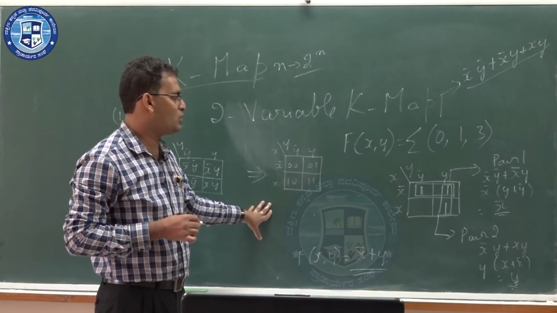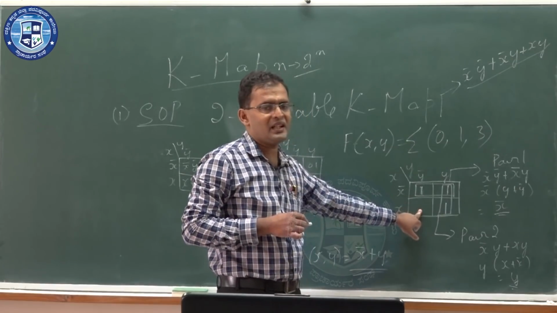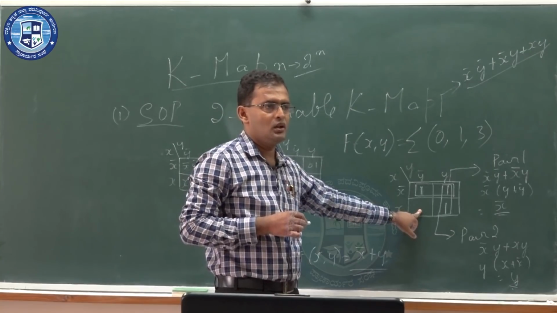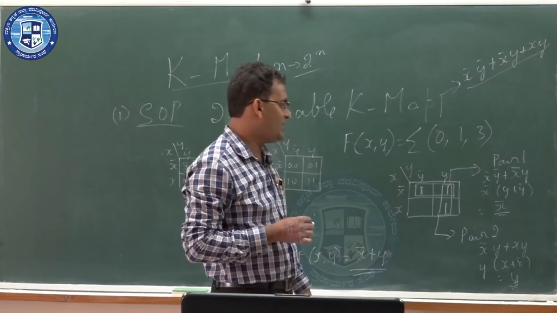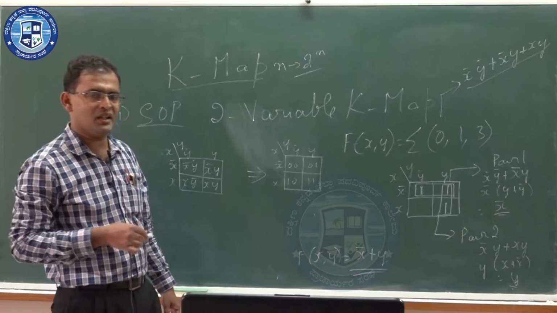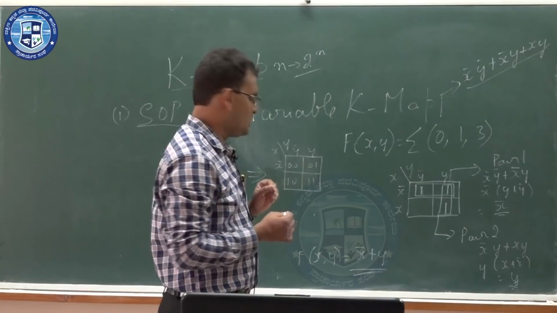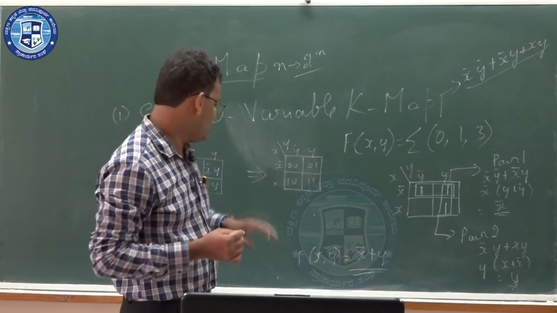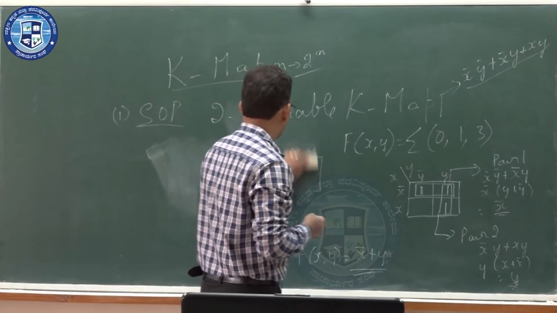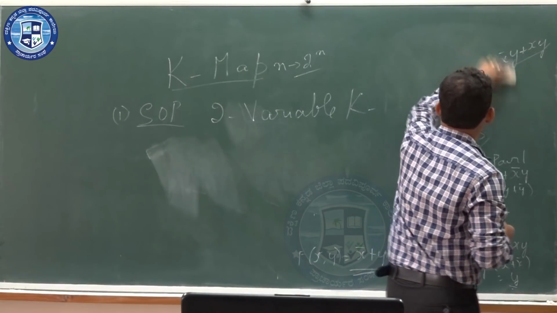Here one more thing I want to highlight: if all the 4 boxes or squares are 1, then the answer is equal to 1. Maybe we will take one more example a little later and understand this concept. Now, let me go to the general K-map for a 3 variable in SOP.